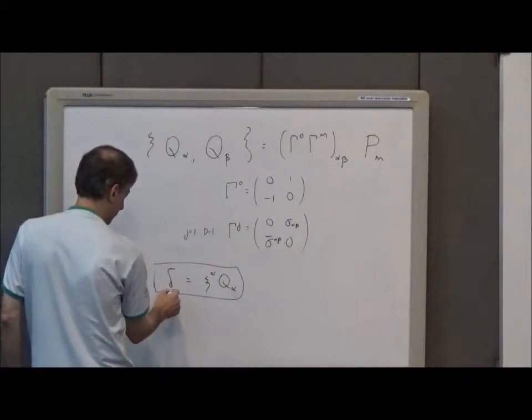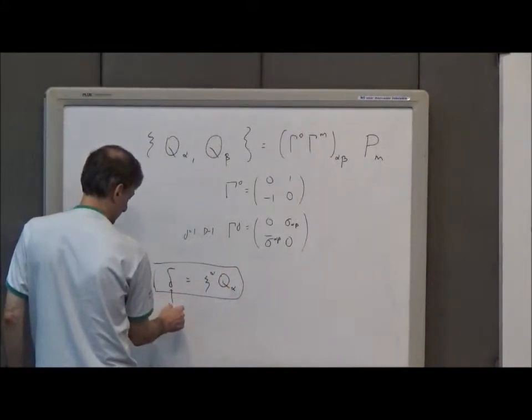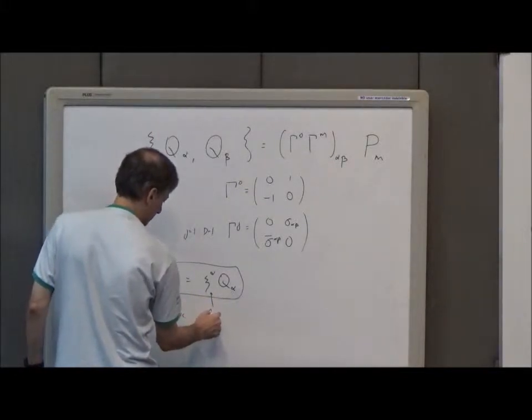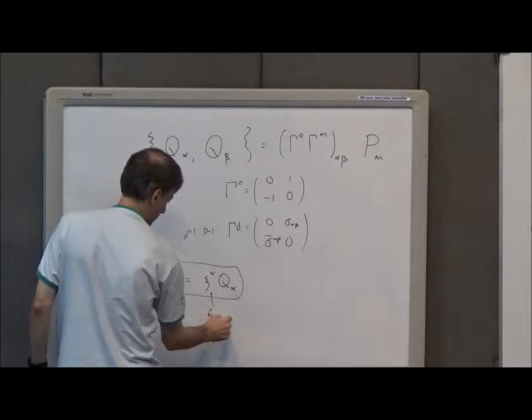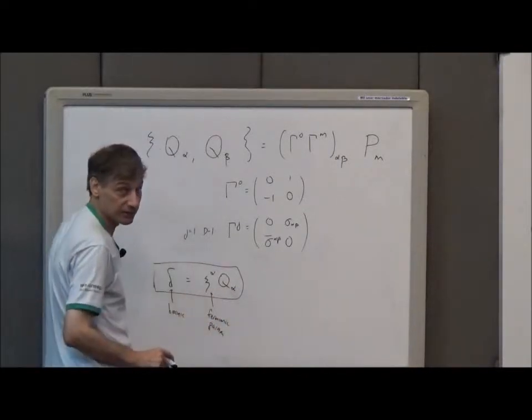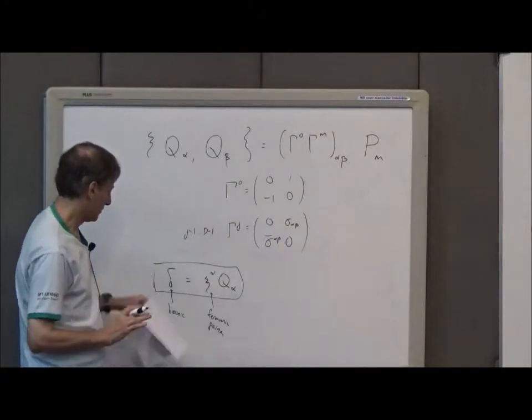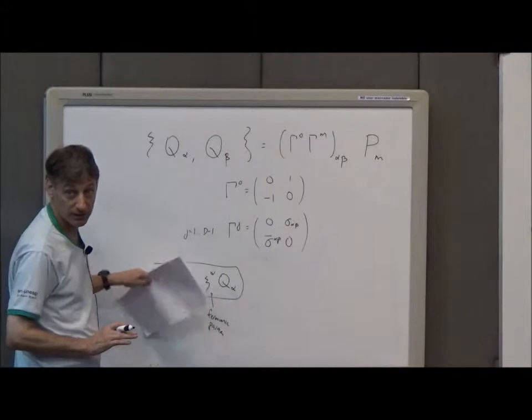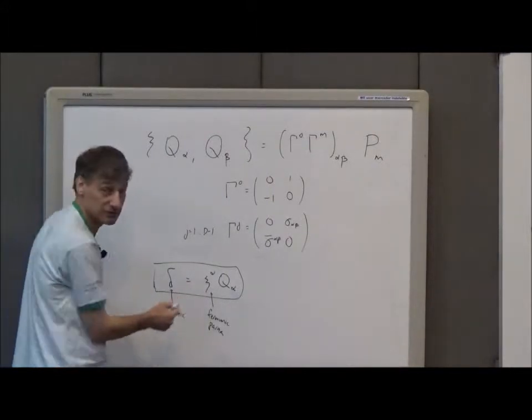This is bosonic. This is the fermionic parameter. And this is the generator. Okay? So this language is convenient because now you treat this just as an ordinary bosonic transformation, but the parameter is fermionic.